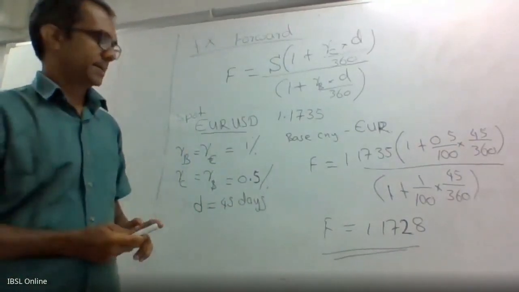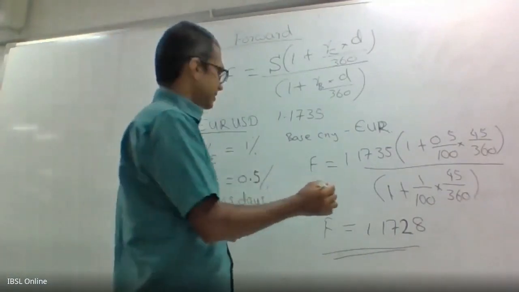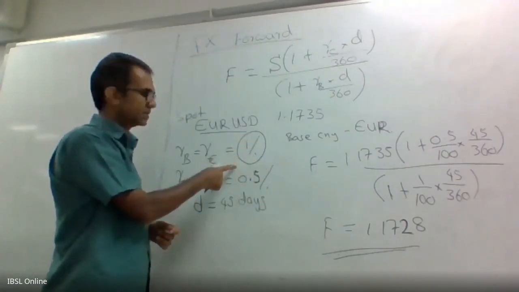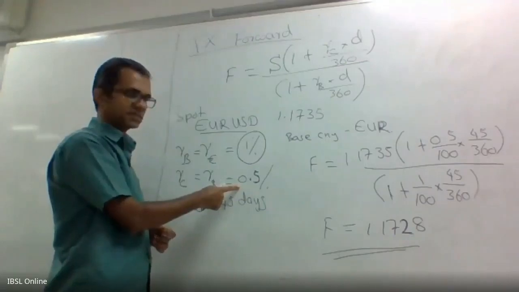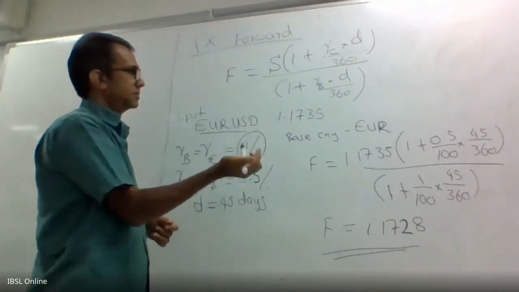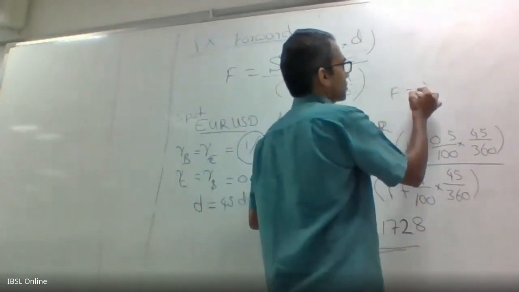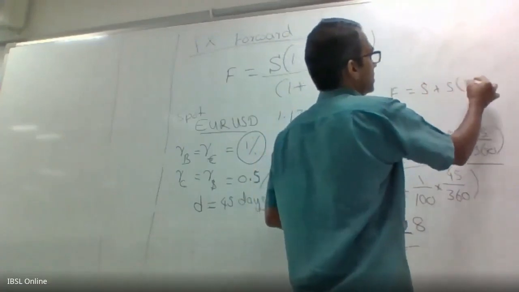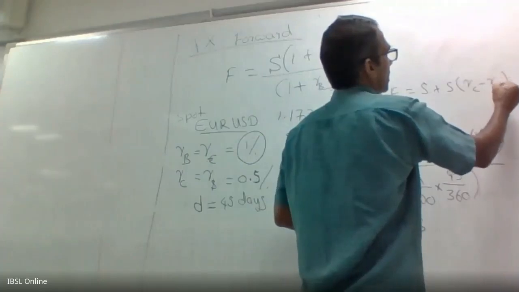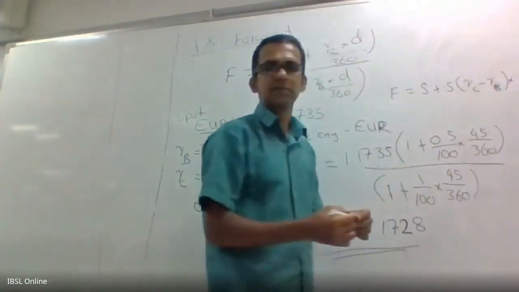Can it happen? Yes, it is possible. The reason here is the interest rate of the base currency. Interest rate of the base currency is larger than the interest rate of the counter currency. If we did that approximation, you can see RC minus RB into D over 360.